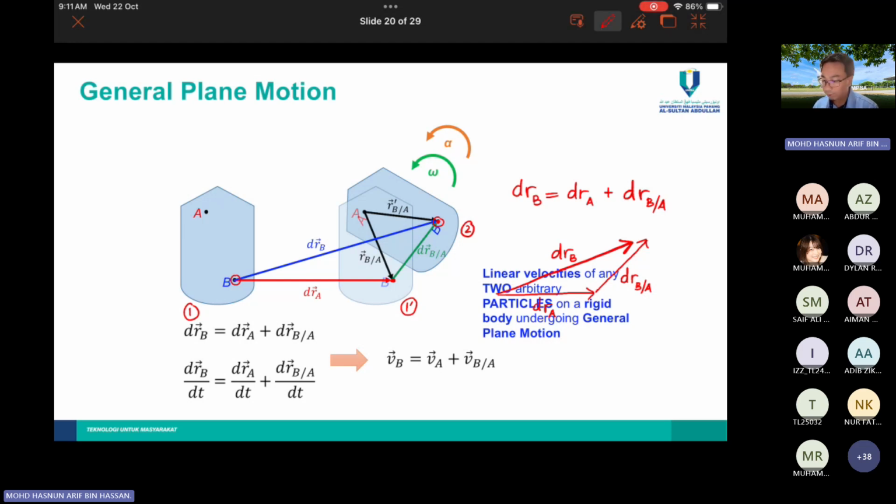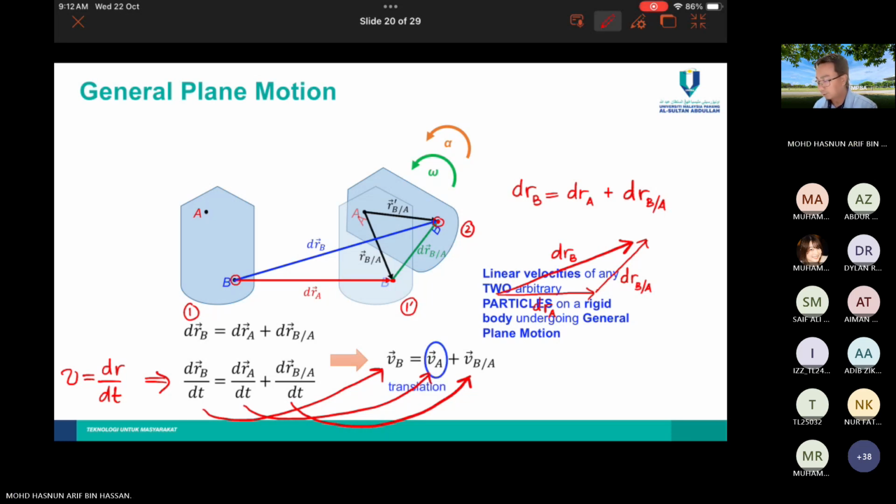Remember v is equal to dr over dt or ds over dt. So drb over dt is equal to dra over dt plus drb/a over dt. This will give you vB, vA, and vB/A.